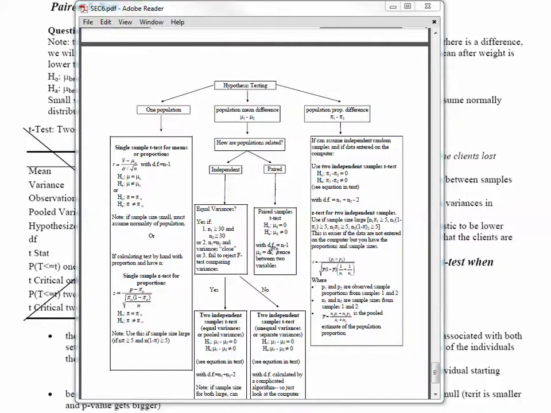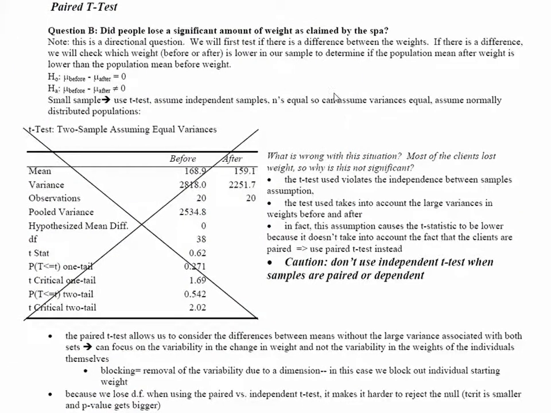So we go down this node of the decision tree. This decision is very critical. And let me just show you why it is wrong in this situation to use an equal variance or an unequal variance or assume independency. Well, the t-test used violates the independence between the samples assumption.